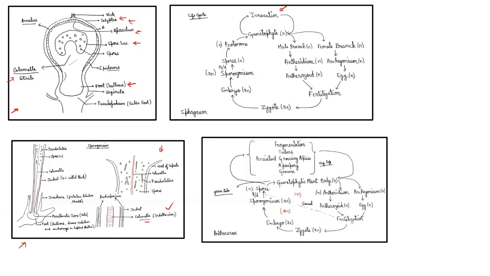This undergoes mitotic division to form embryo. This embryo will form a sporophyte. This sporophyte contains spore mother cells. These spore mother cells will undergo reductional division to form spores. These spores will form the gametophytic plant body. So this was all about Anthoceros.